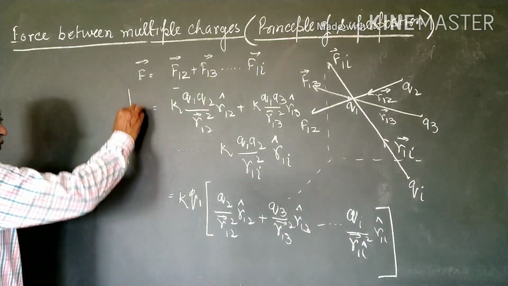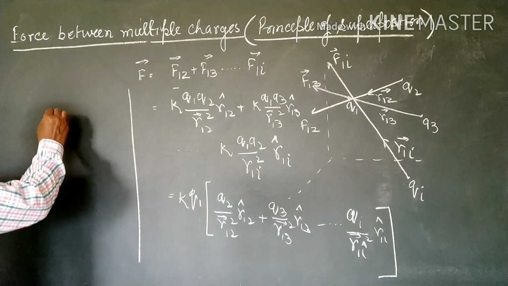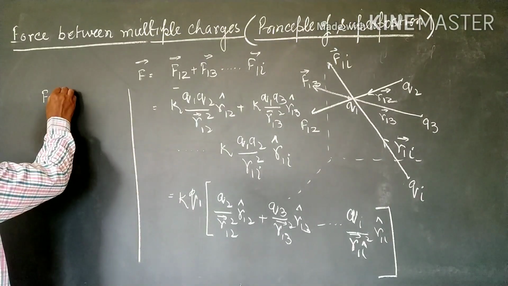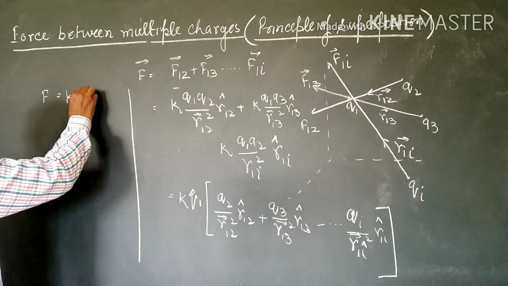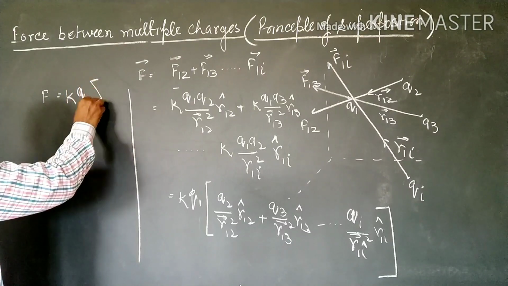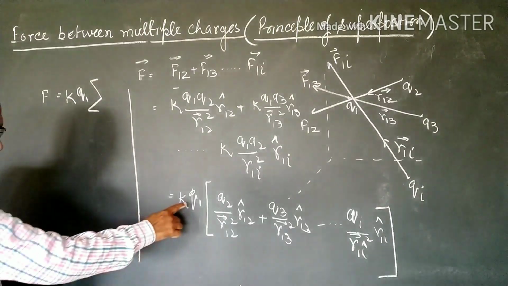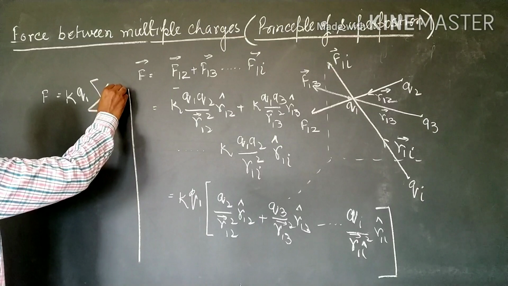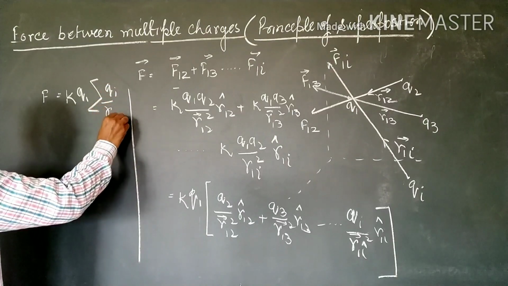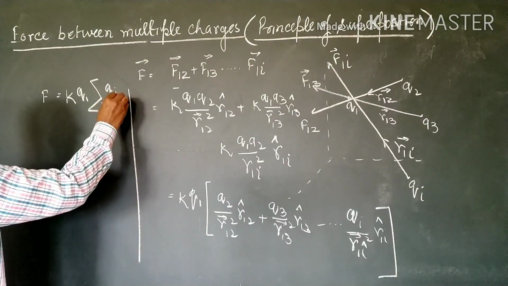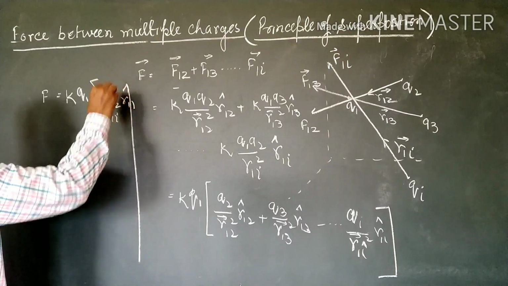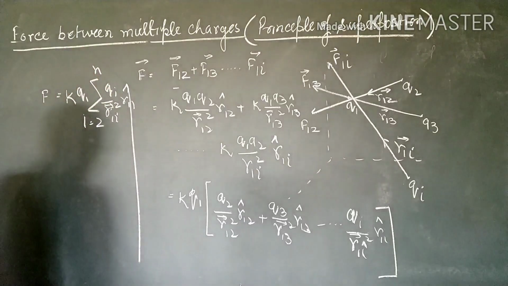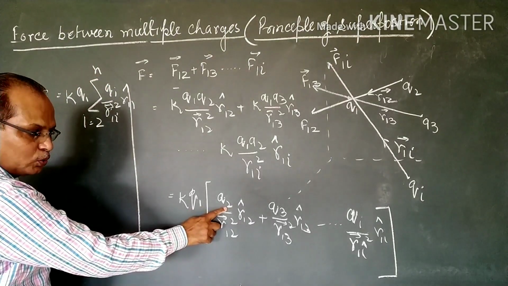So, the final expression will be F is equal to K Q1 common, summation of Qi upon R1i square R1i cap, where i is equal to 2 to n, because the first number is 2.